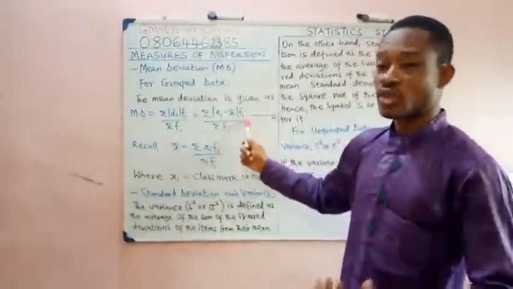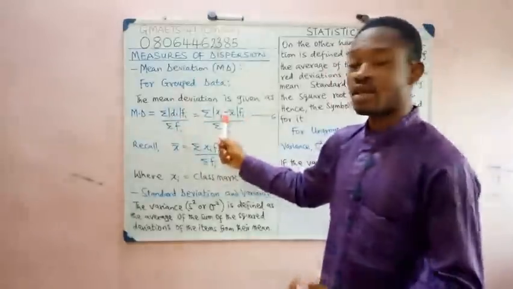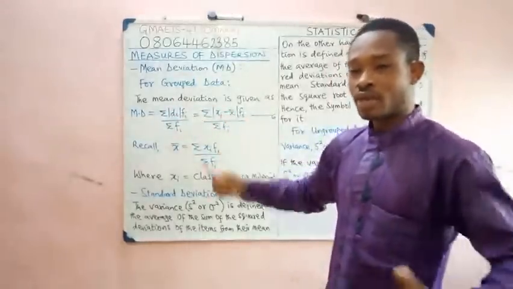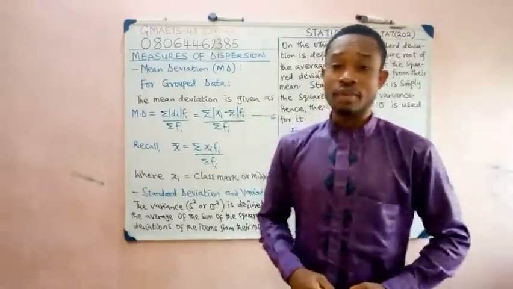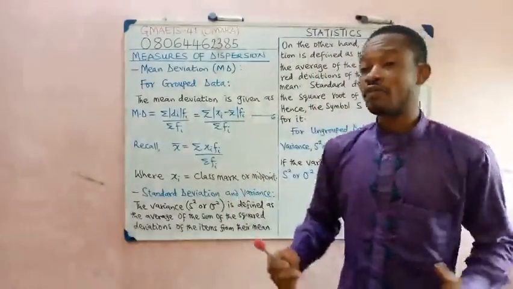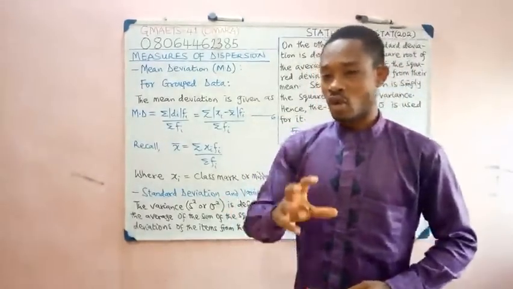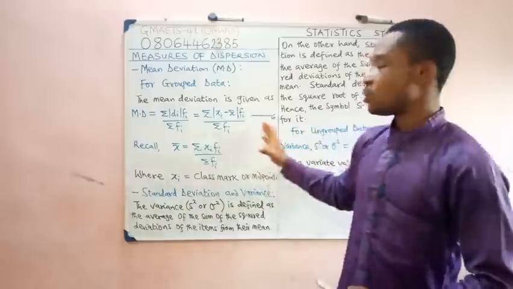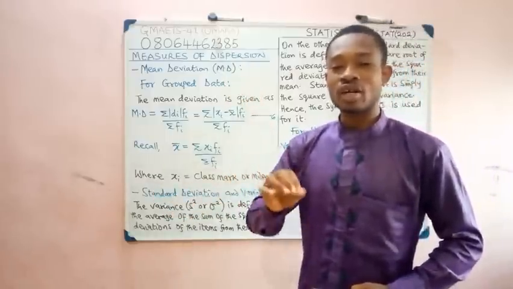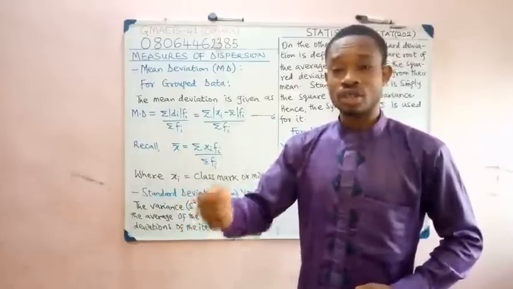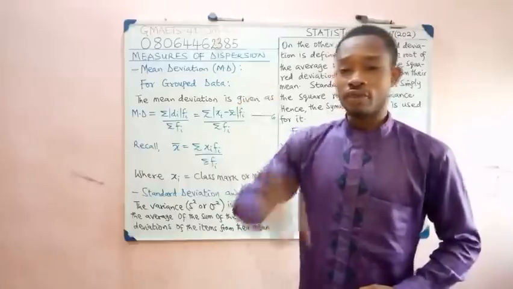The formula can still be extended to this, where di represents xi minus x bar, where x bar is the mean. So xi minus x bar is the deviation from the mean, multiplied by the frequencies of the variables given to us, and then divided by the sum of the frequencies. This formula you see is the same as that of equation 5, for calculating mean deviation of ungrouped frequency distribution when the distribution bears frequencies.